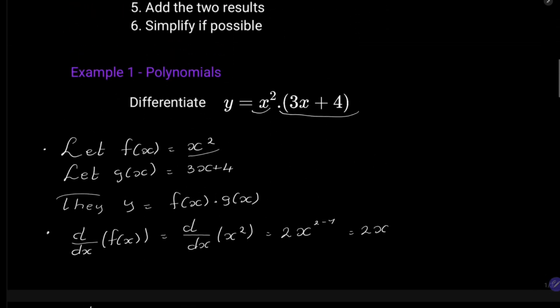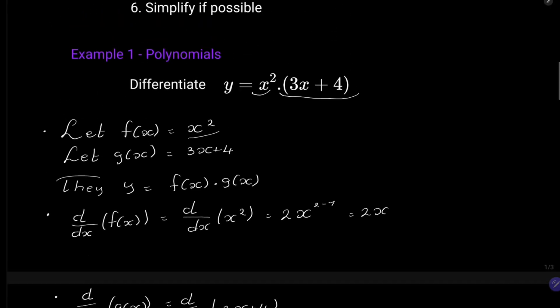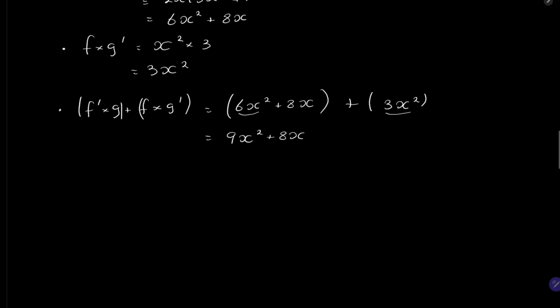What can we then conclude from this? Our next step: simplify if possible. We have already performed a simplification, which was simplifying our 6x squared and our 3x squared. So what can we then conclude from this solution?